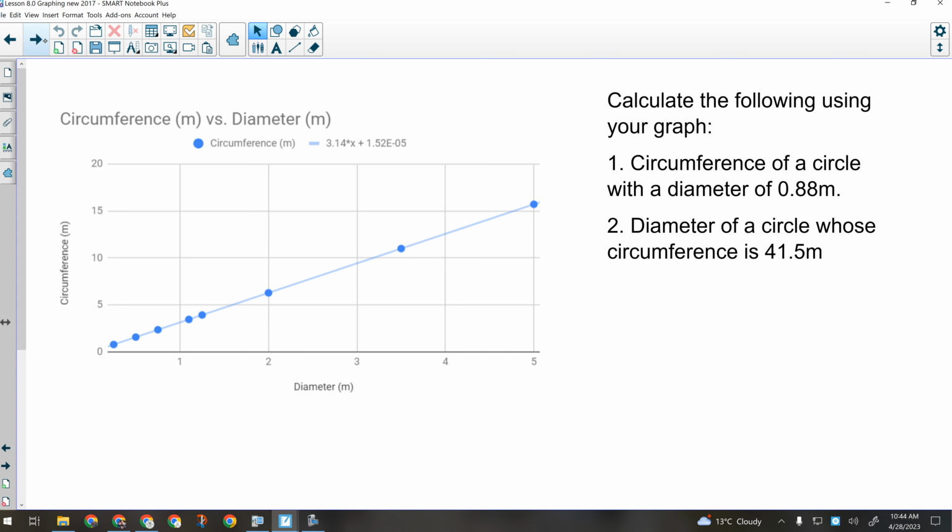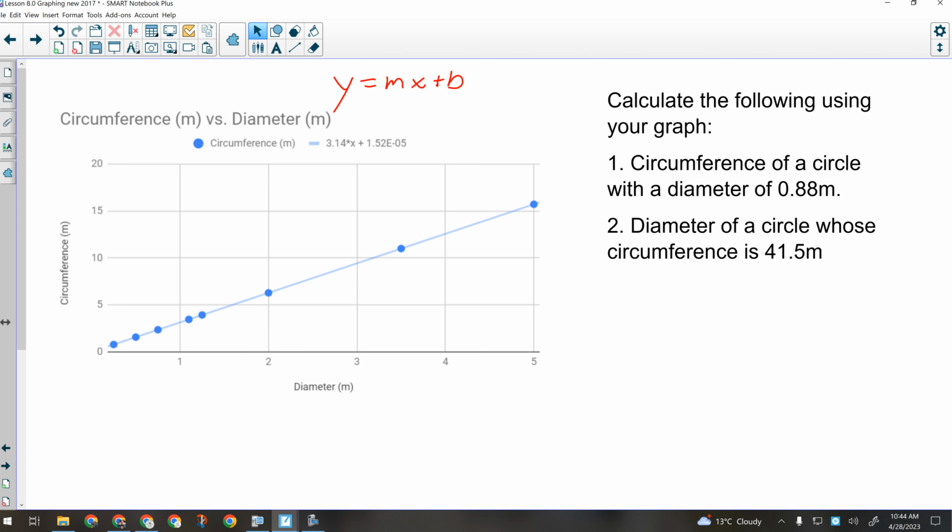Is it good that my y-intercept is practically 0? It should be, because what's the circumference of a circle with no diameter? 0, right? It's a dot. It's not a circle. So when I do this, I get this line here. Now, here's my equation: y equals m times x plus b.